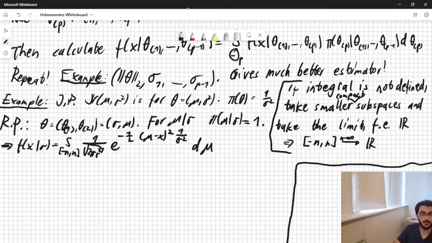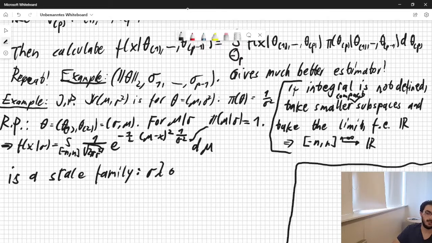Of course I should have multiplied this with this here, but this here is just 1, so it cancels out. This here still is a scale family, and I didn't really need to write down the integral to show this, because no matter what sigma is, if we multiply with it, so sigma times lambda, it's still in 0 to infinity, which is the interval where sigma is, excluding 0.